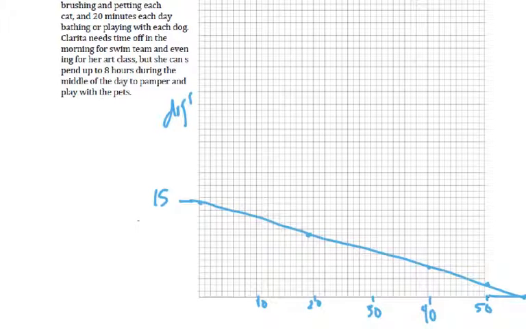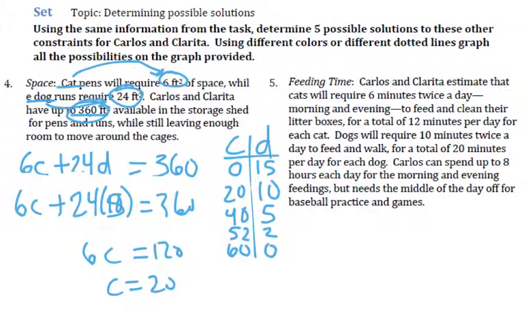Okay, so now what could our equation be? Well, we made that equation, right? So now let's do it for feeding time. You read through this and you realize that it's 12 minutes per day for cats, 10 minutes, or 20 minutes for dogs, and Carlos has 8 hours.